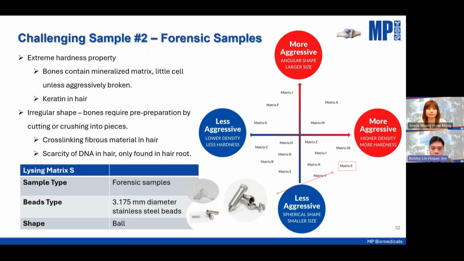It includes the bead type of 3.1 diameter of stainless steel beads. So this is a strengthened bead and tube, which is in ball shape. That is a very suitable bead type for forensic samples.